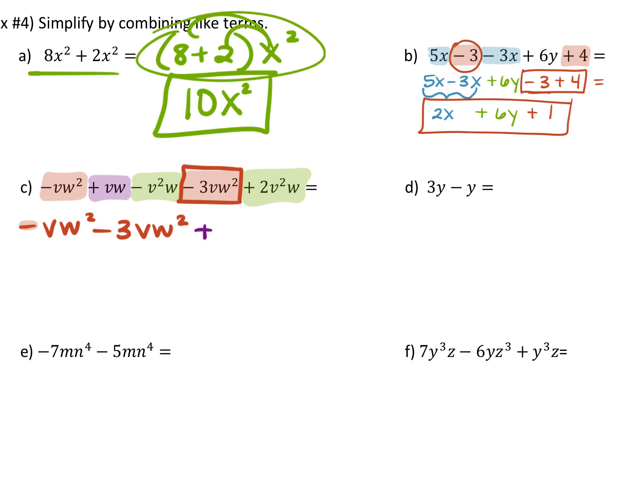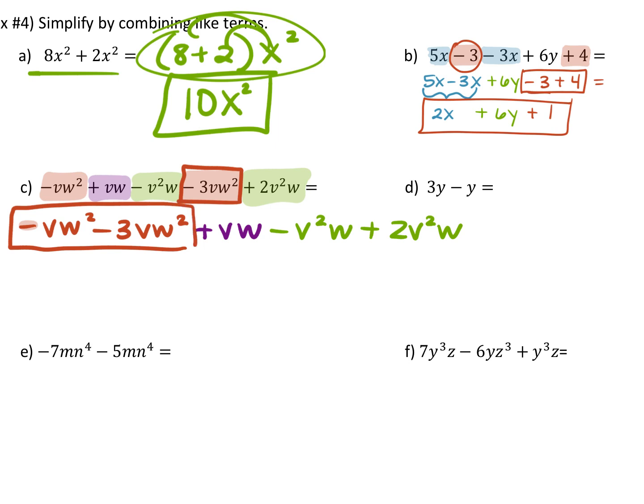Okay, then plus VW, that has no like terms, minus V squared W plus 2V squared W. Now you can simplify. What number is in front of that VW squared, this one? A negative 1, okay? So negative 1 minus 3 is a negative 4 VW squared.